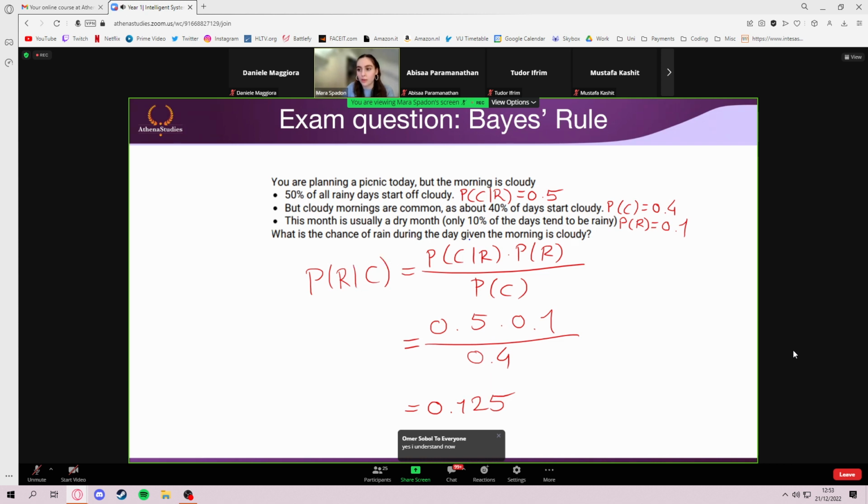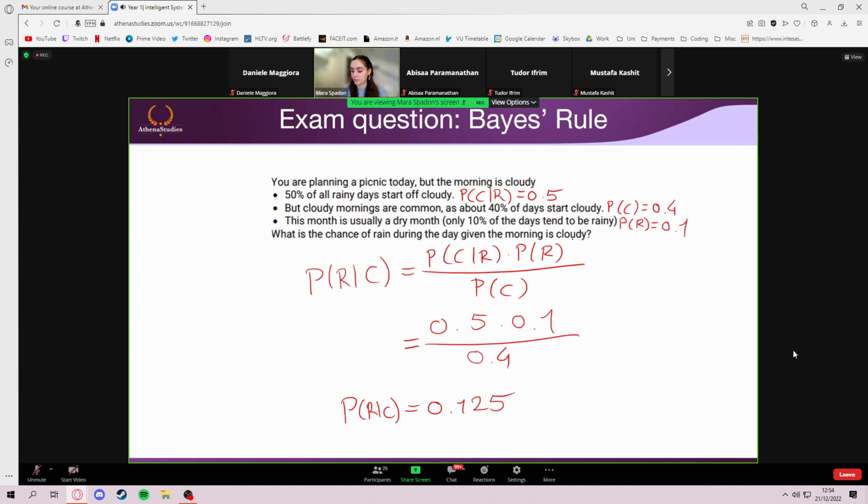And then you make the formula and you fill in the values. So P of C given R is the chance of the day being cloudy given that it is a rainy day. Yes, exactly. Yeah, the dry month, it says between the brackets 10% tend to be rainy. So from that you can see, okay, 10% is rain.